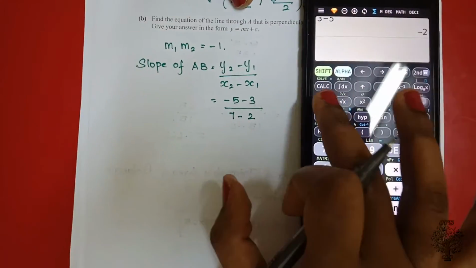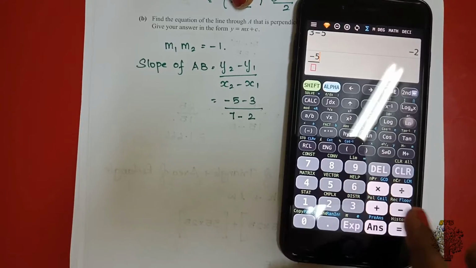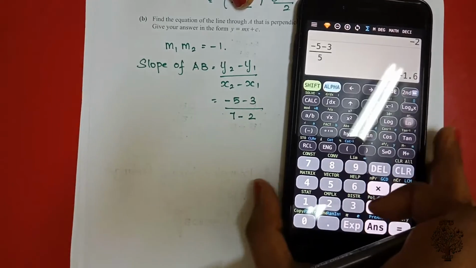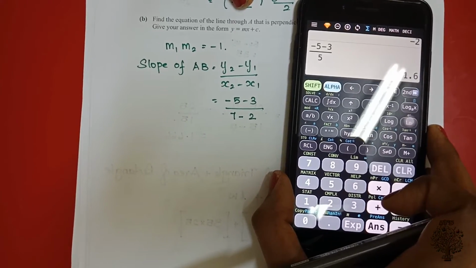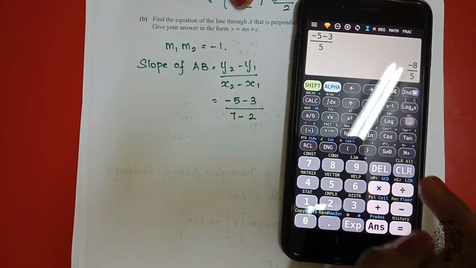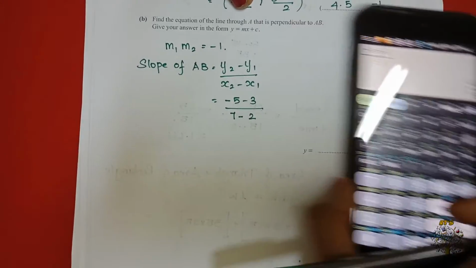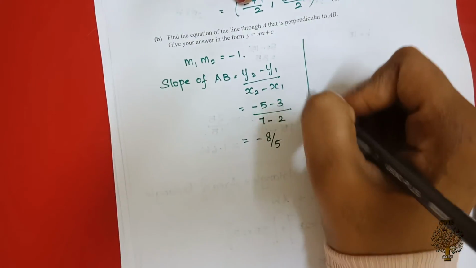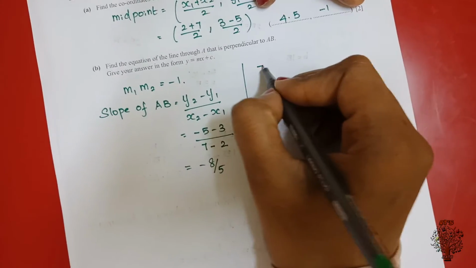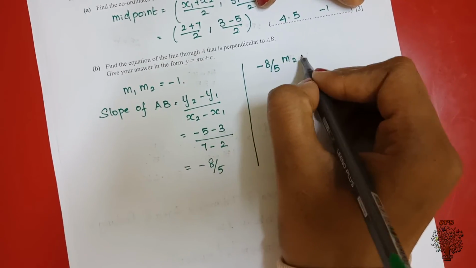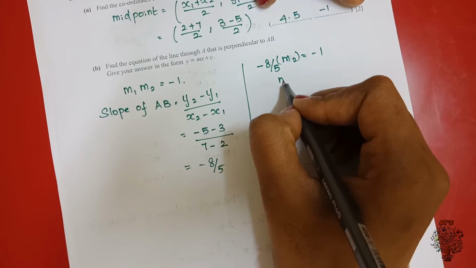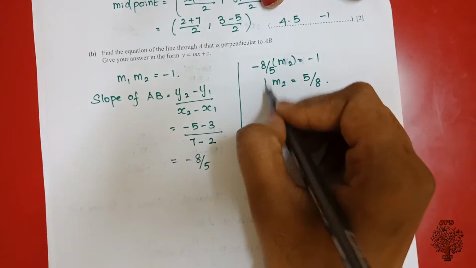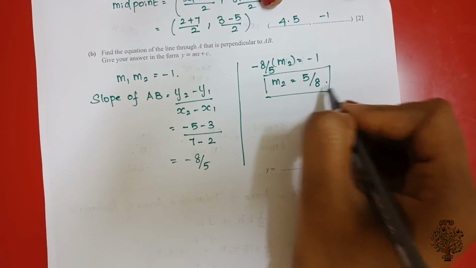We will be taking the calculator. (-5 minus 3) divided by 5 gives -1.6, or if you need it in fraction, -8 by 5. Now take your formula and substitute: -8 by 5 multiplied with m2 is equal to -1. So m2 is equal to the negative reciprocal of the fraction, m2 is equal to 5 by 8.